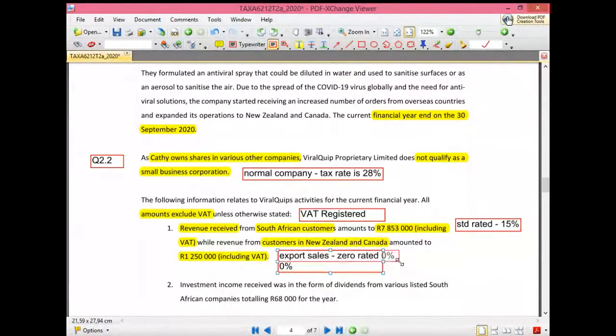Now, if you did not know the difference between the different VATs, you would have applied 15% to that component and you would have actually lost the mark. Okay, so you see why the VAT learning unit is also important for your test on Monday. They can ask it like this, or they can ask you the VAT or income tax treatment for a specific transaction.